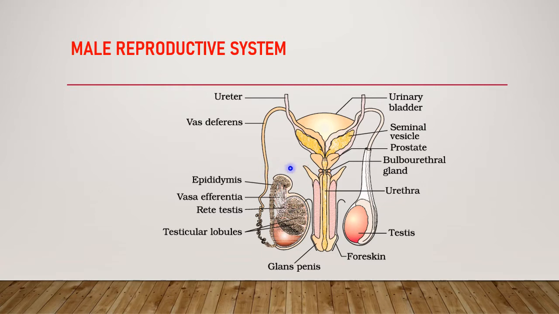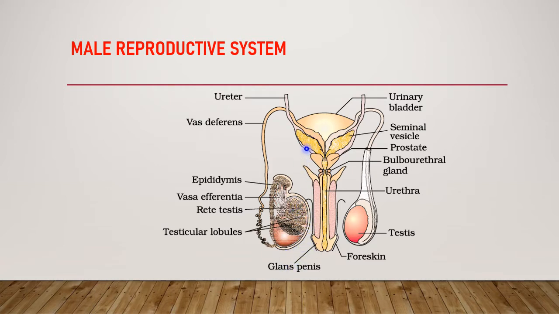The main part of the male reproductive system is the testes. Testes are initially present in the abdominal region, but they descend down during the seventh month of fetal development into the scrotal sac, which is present below the abdomen.